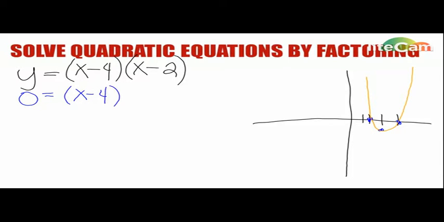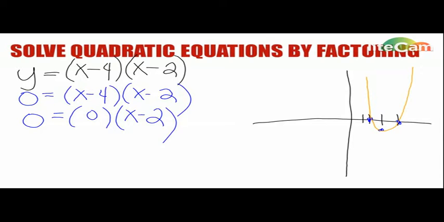If we again put a 0 in for y, the only way to make y 0 is to make one of these factors a 0. In order to do that, we have to find what x needs to equal. In order to make that factor 0, x would have to equal 4.